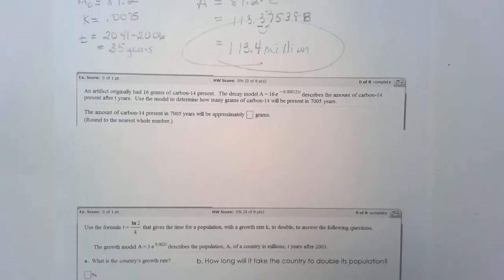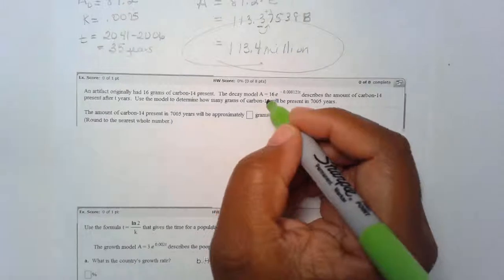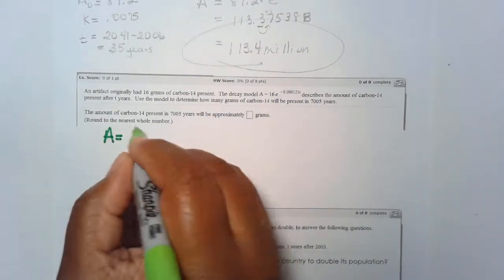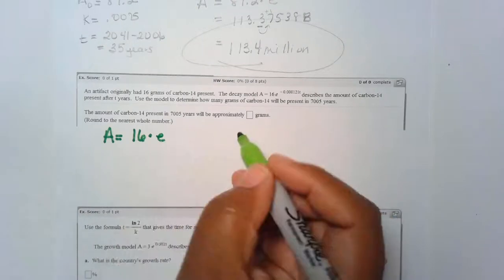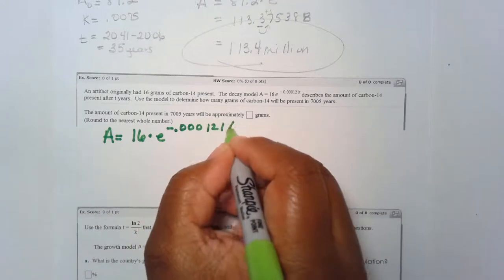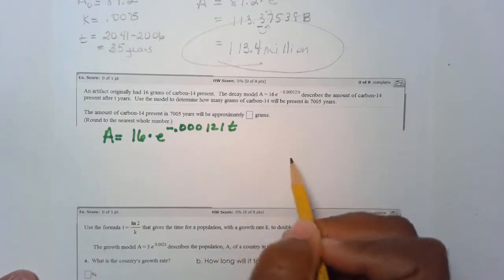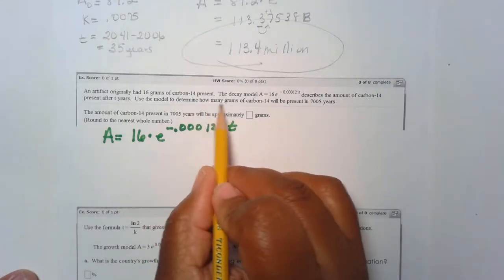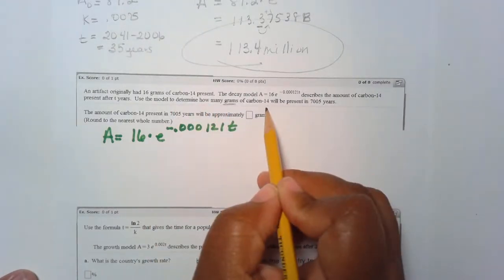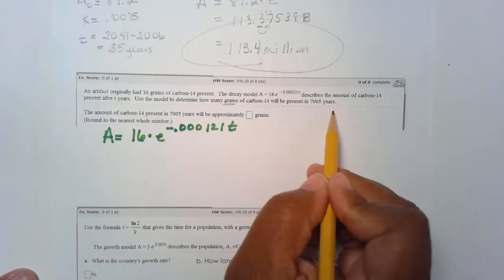All right, so the model was given. A is equal to 16 times e to the negative 0.000121 times t. So what we need to find out to complete this model, because it's asking us, use the model to determine how many grams of carbon-14 will be present in 7,005 years.